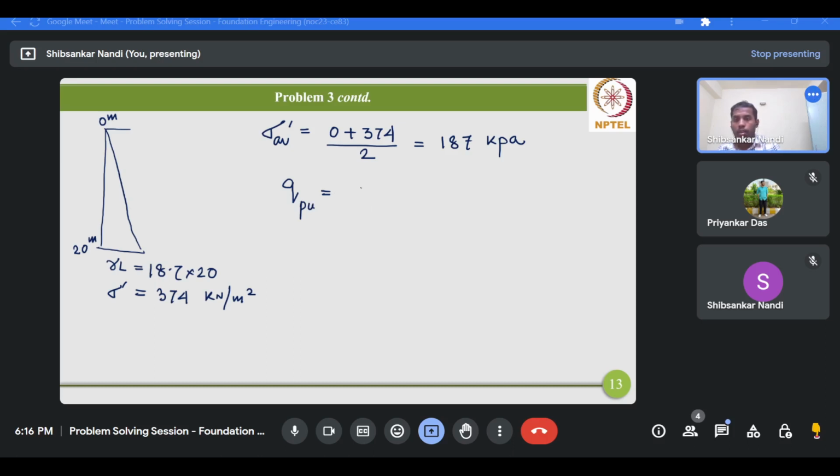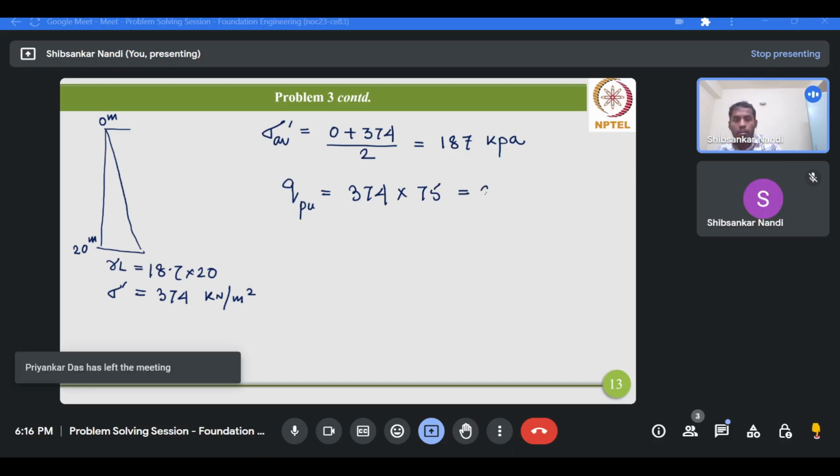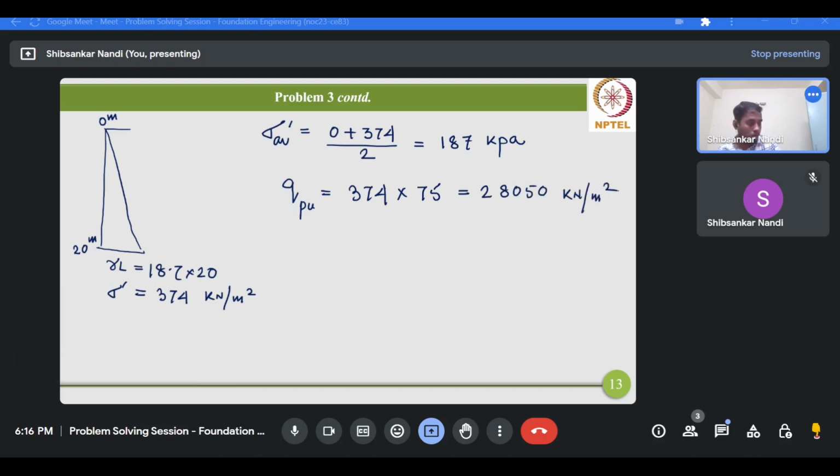So 374 multiplied by 75, that means 28050 kilonewton per meter square.